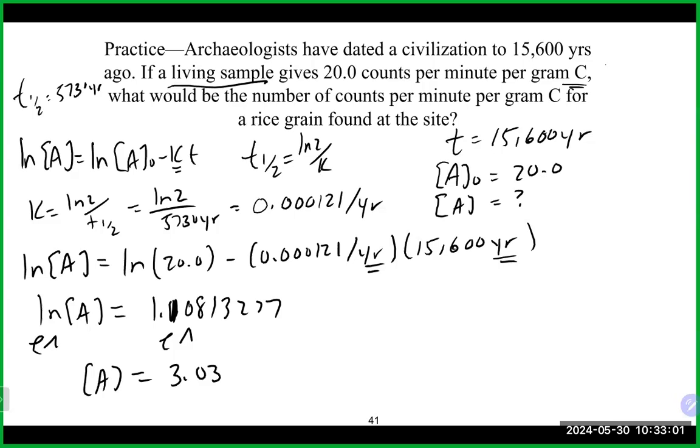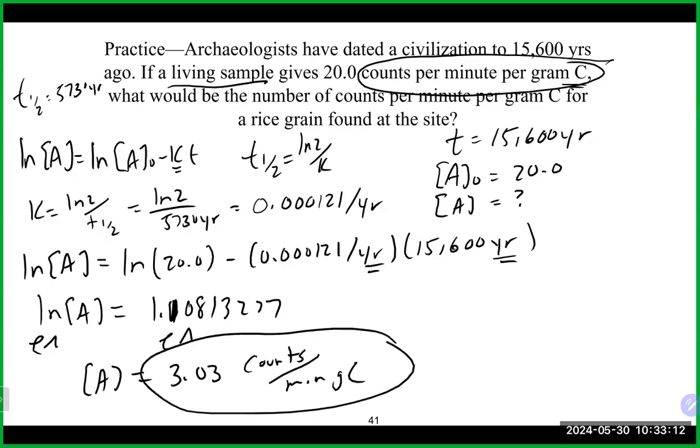The units here will be the same units as our original rate, which would be counts per minute per gram of carbon. It obviously is less than what we started with, which is what we would expect as it is much older. So it's already gone through a lot of decay, so it's not going to be giving off as much radiation, if you will.